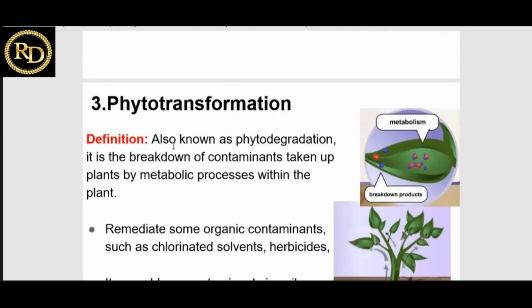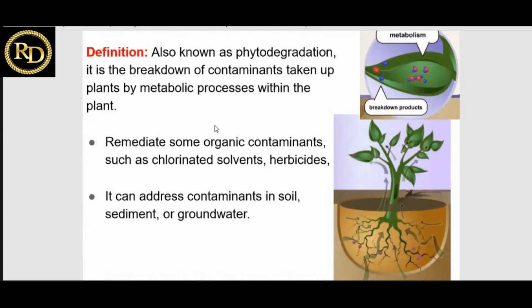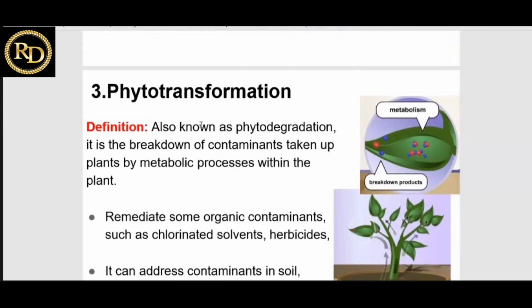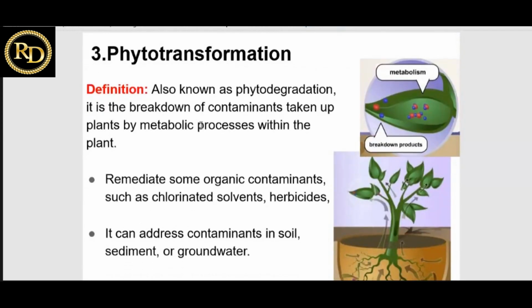So this is called phytotransformation. We can remediate some organic contaminants, especially herbicides, by the process of phytotransformation. And sometimes petroleum contaminants are reduced by the phytotransformation process.